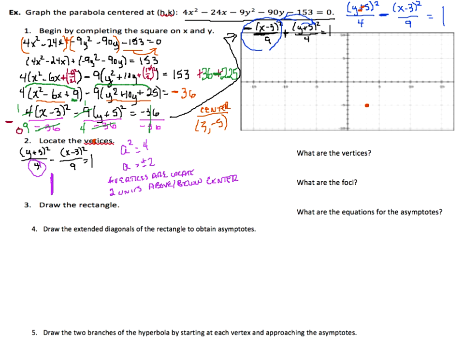So if I go to my center and go 2 units above, 2 units below, there are my vertices.